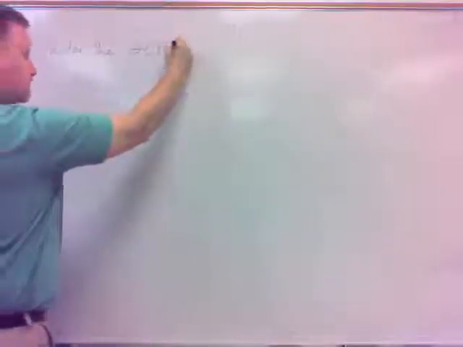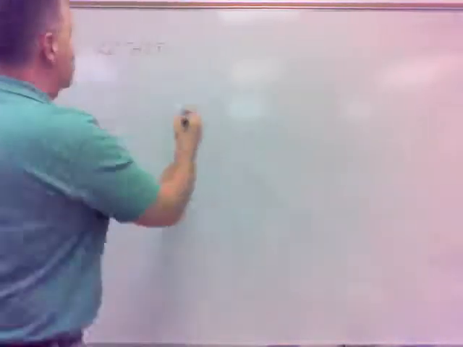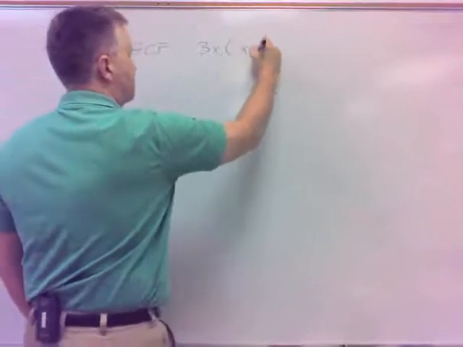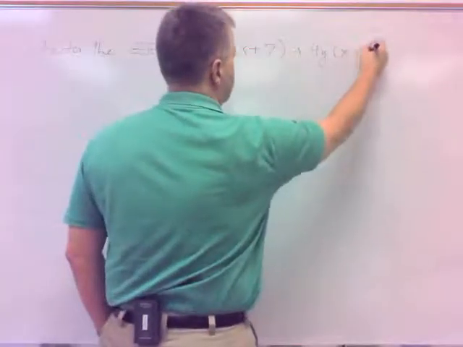Mention here another little detail about going back to GCF, factoring a little bit. Say I had this problem, and let's note here that there's a GCF: 3x(x + 7) + 4y(x + 7).